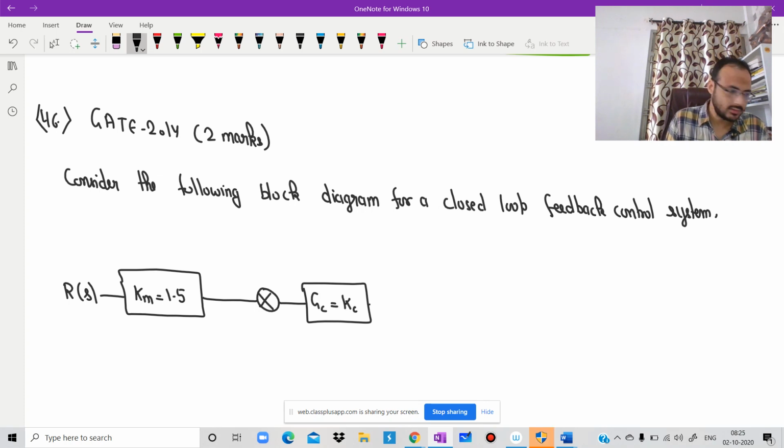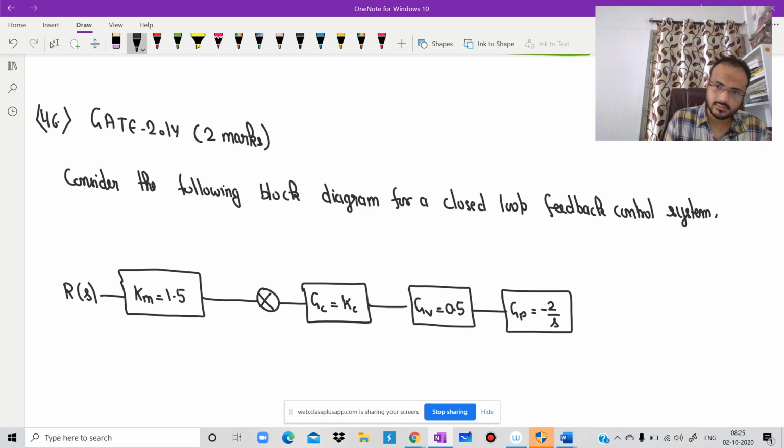GC is equal to Kc. The transfer function is 0.5, minus 2 by s.